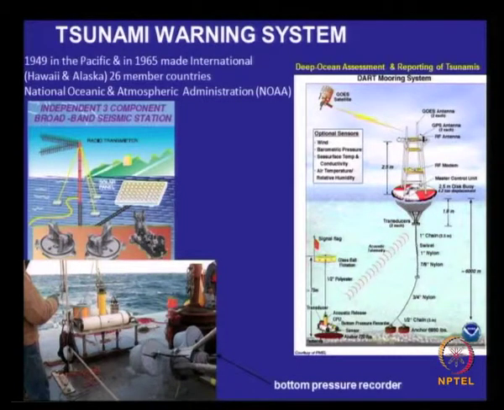If you have a pressure sensor beneath the seabed, as you see here, when there is a wave moving on the surface, the pressure sensor will sense the pressure due to the wave and send it to the monitoring system, that is the wave radar buoy, and from the buoy the signal is passed on to the satellite, and from the satellite it can be sent to the on-land station.